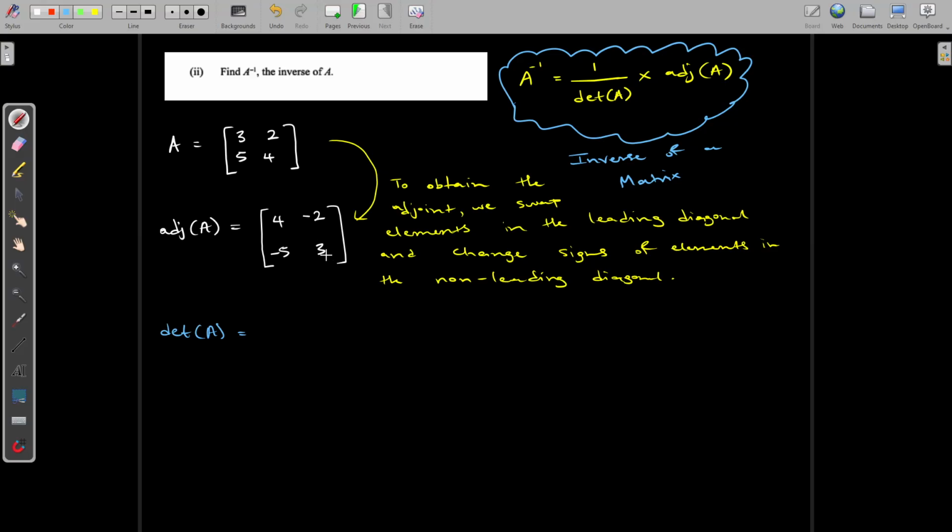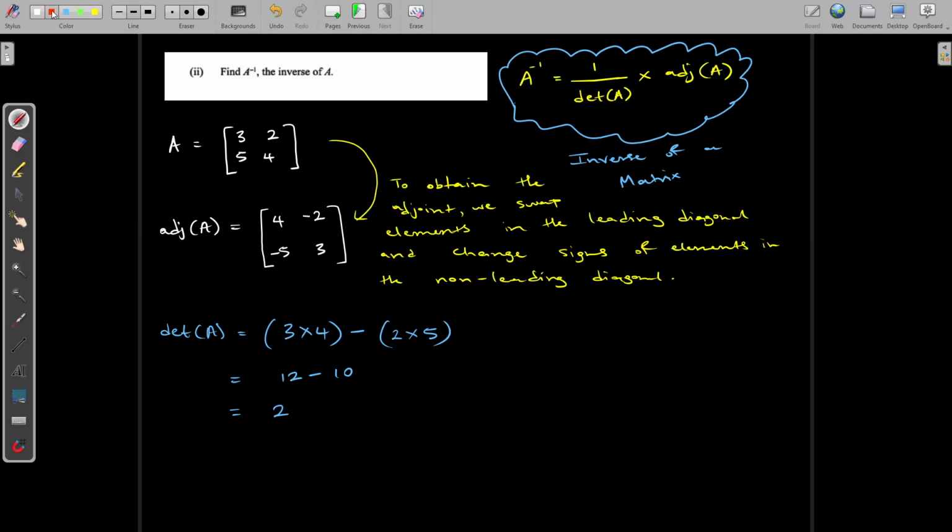So we need the product of the leading, so it's 3 times 4 minus the product of the non-leading, 2 times 5. So this is going to give us 12 minus 10, 2. So the determinant is 2.